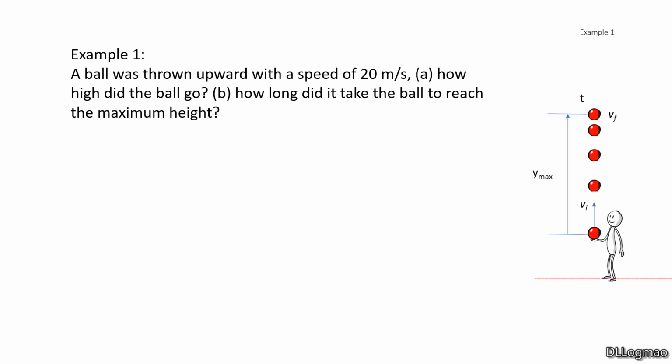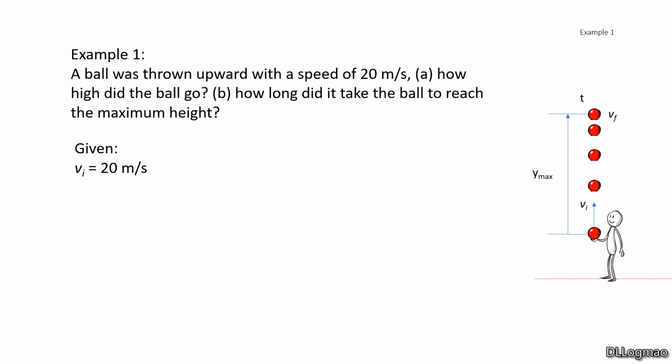The problem is illustrated showing the body in motion, the velocities, time to reach the maximum height, and distance along the vertical covered by the freely falling body. The provided information from the problem are initial velocity, 20 meters per second.